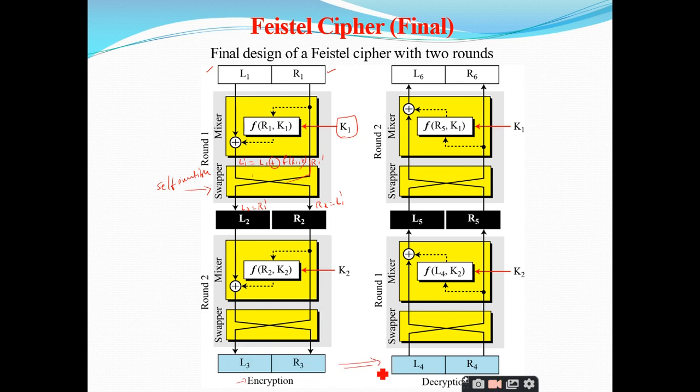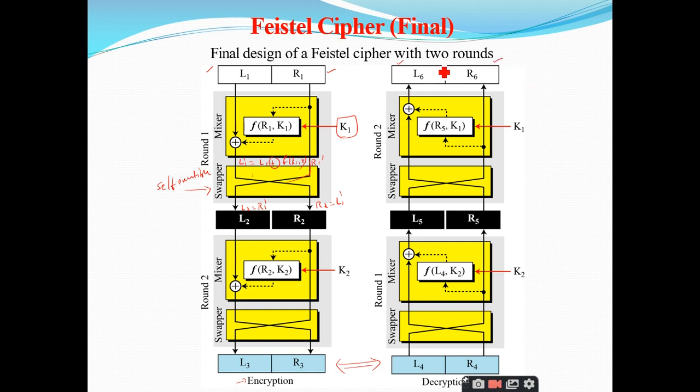This is connected to the communication channel, and at the receiving end the receiver performs the reverse operation. He will take the cipher text, divide it into 2 parts, L4 and R4, and give it to the swapper, the swapper swaps it, and then the same operation is performed. After 2 rounds you will get L6 and R6.